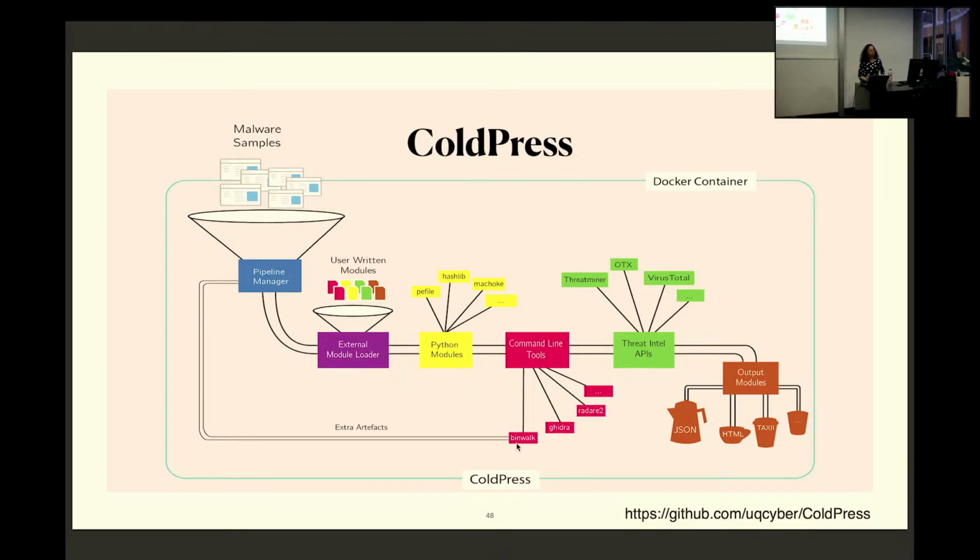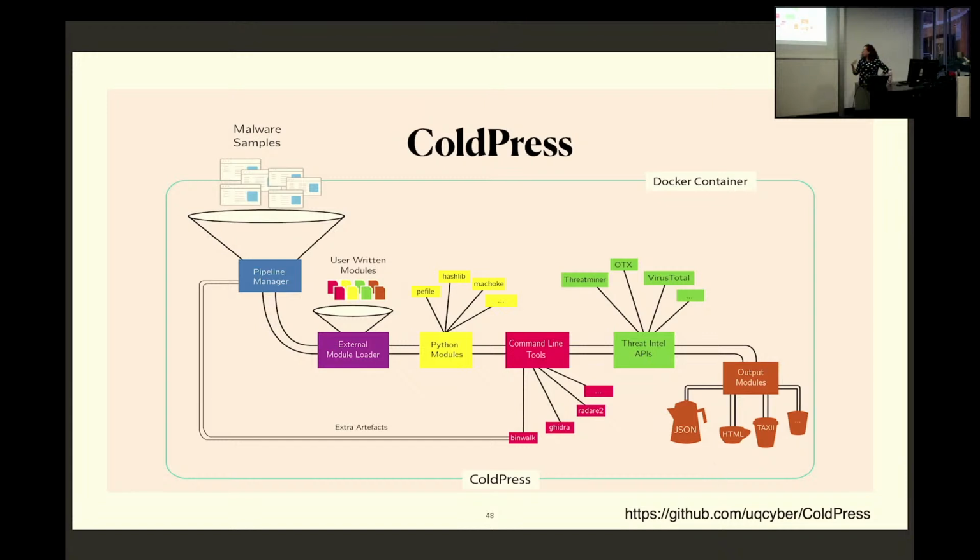You can have Binwalk to unpack various Windows binaries that are all fully packed these days. You can get a lot of information out of that, and then start teaming up with threat intelligence tools to get more information out of it.